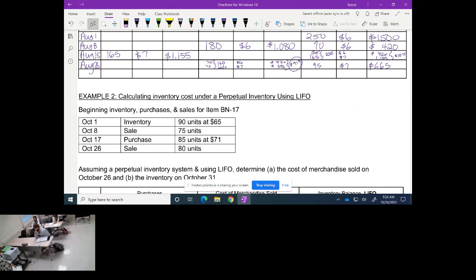And again, this is my worksheet. If you don't like it, I've actually done visuals with buckets. Here's your $6 bucket, and here's your $7 bucket. You start with 250, and then you sell 180, so you have 70 left.